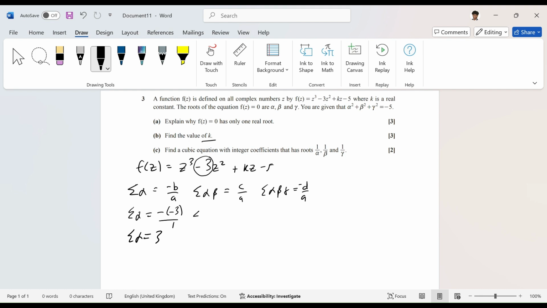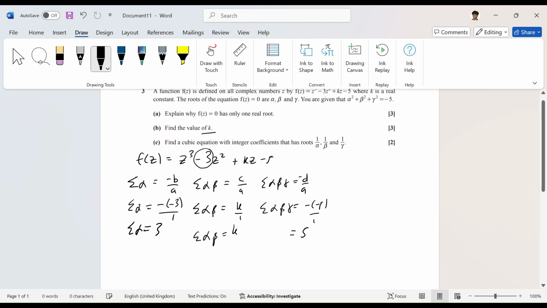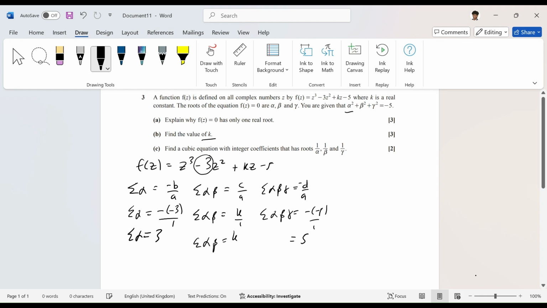We know that the sum of alpha betas is equal to k over 1, so the sum of alpha betas is equal to k. And the sum of alpha beta gamma is equal to minus minus 5 over 1, which is 5. Now, we are given that alpha squared plus beta squared plus gamma squared is equal to negative 5.